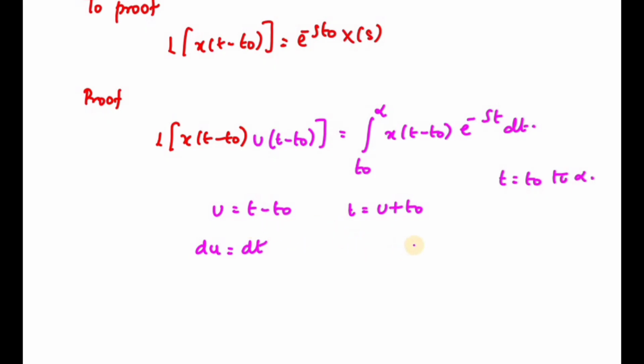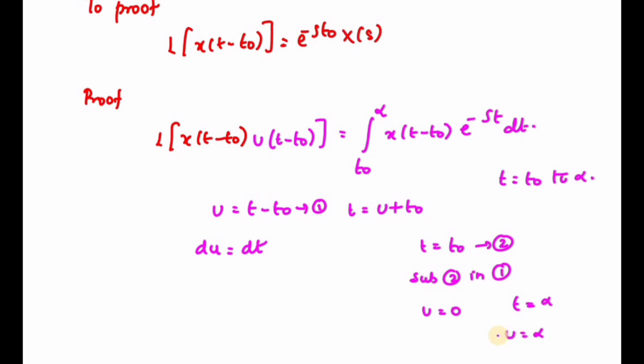This is my first equation, this is my second equation. If I substitute t is equal to t naught, I will get u is equal to 0. If I substitute t is equal to infinity, I will get u is equal to infinity.